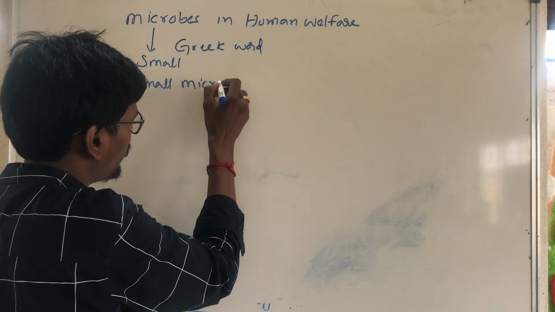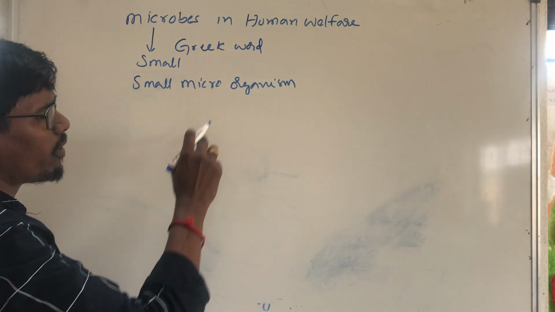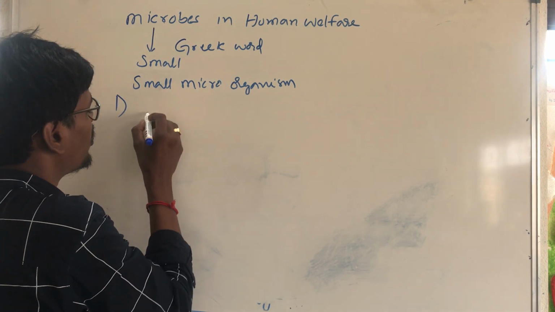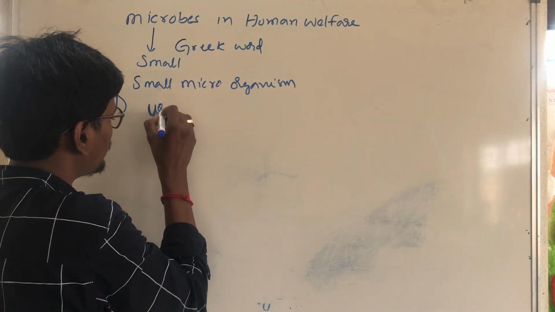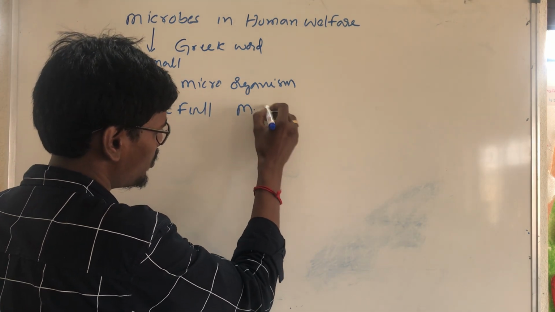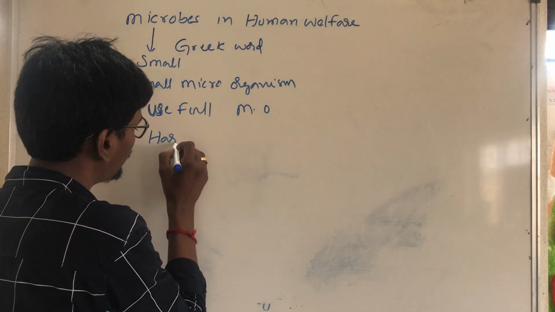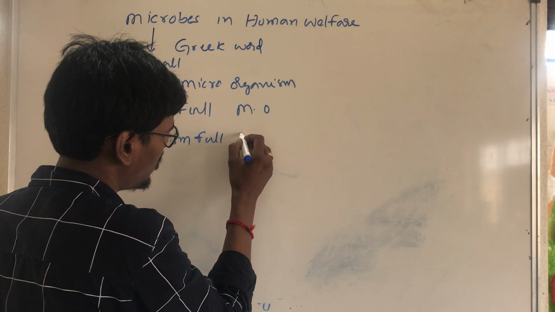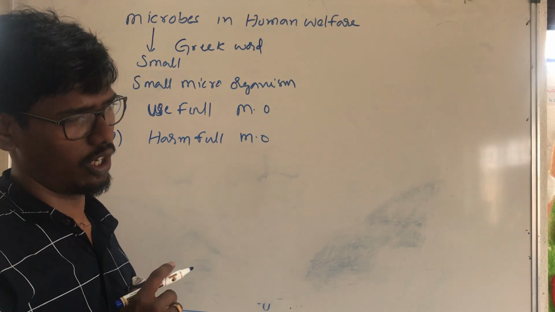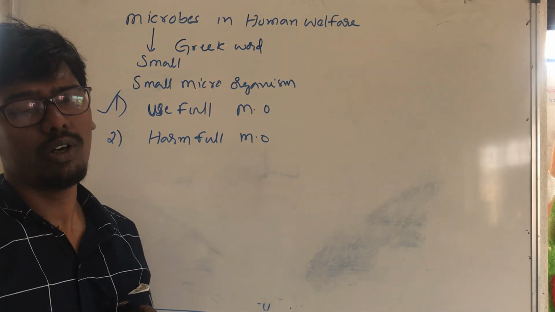Small microorganisms are of two types: one is useful microorganisms, and the second is harmful microorganisms. Now we are looking at useful microorganisms.